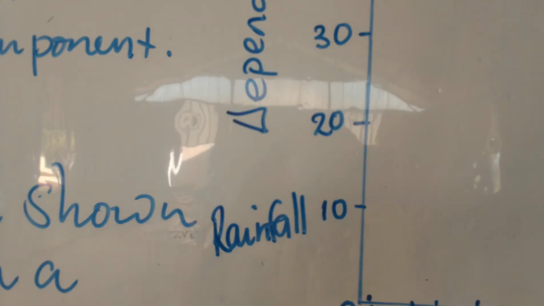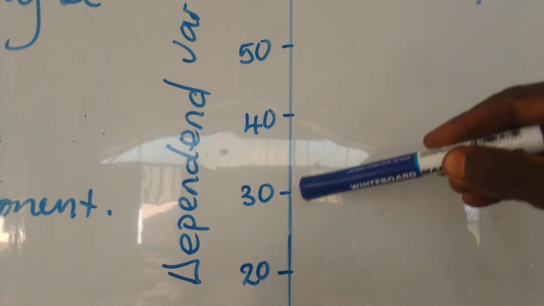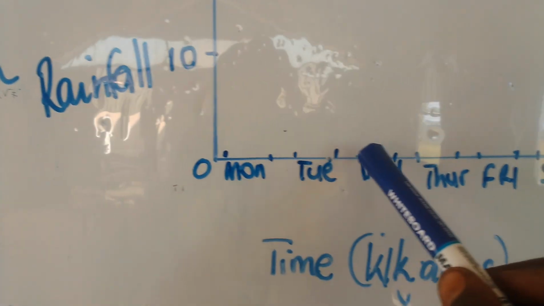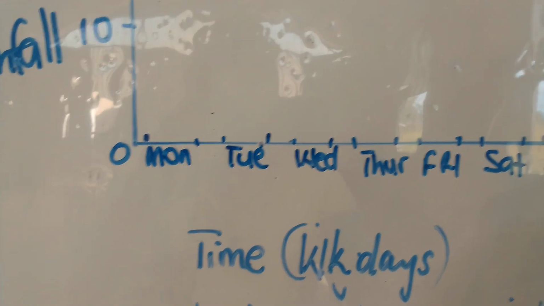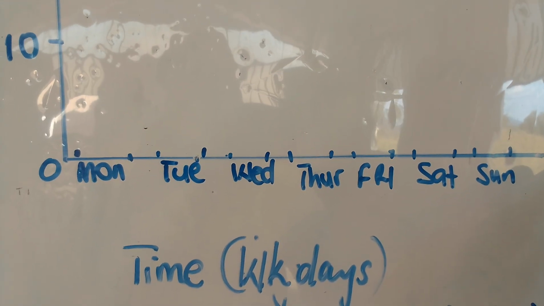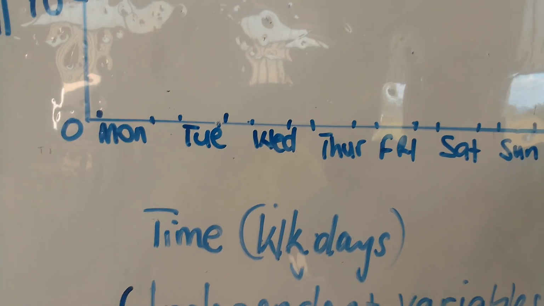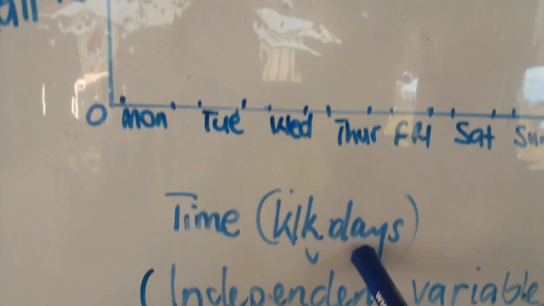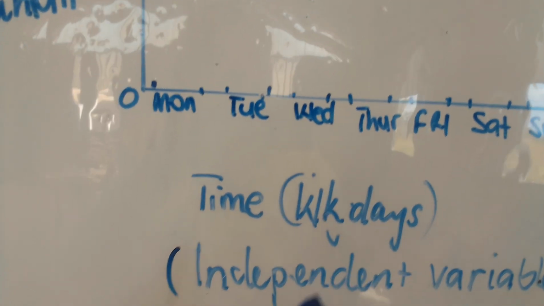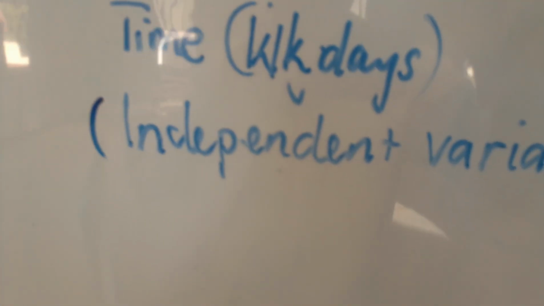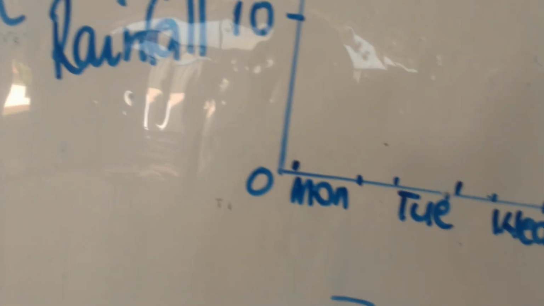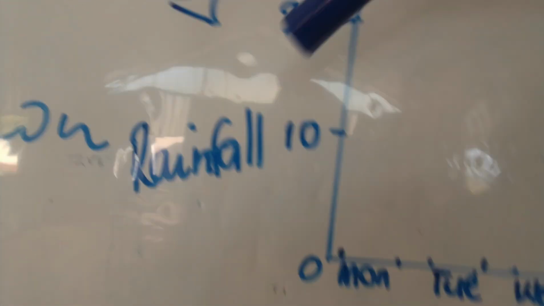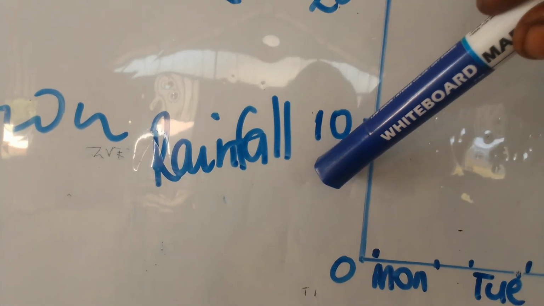The vertical axis is this one, and the horizontal axis carries the time, which is the independent variable. The vertical axis carries the dependent variable, which is in this case rainfall.